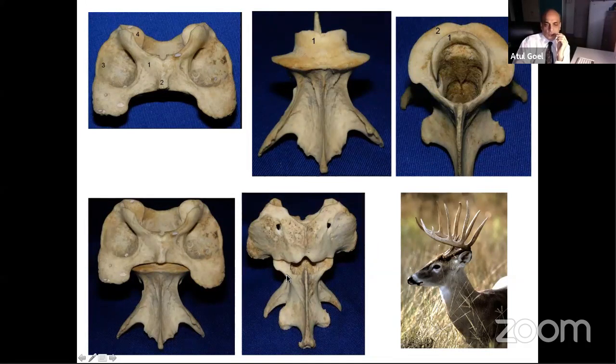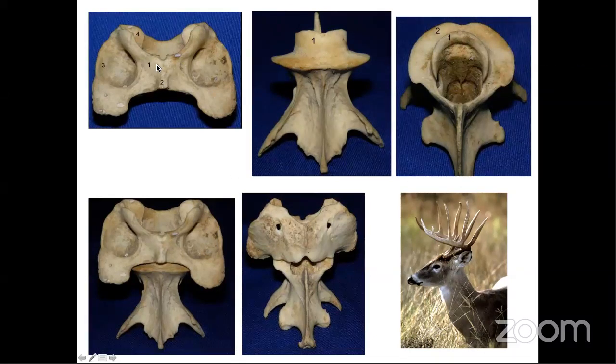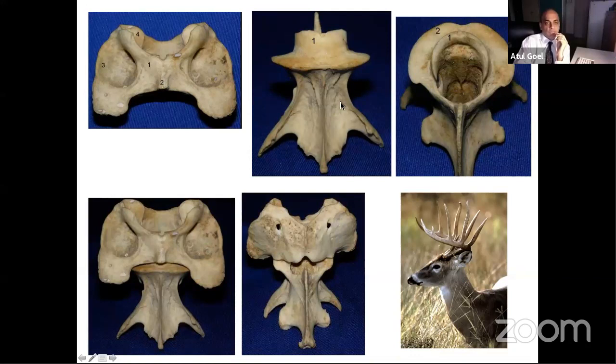So if you see this, this is the C1 and this is the C2, and you see the odontoid process, and you see the articular surface of the odontoid process, the atlantoaxial articulation coming anteriorly.